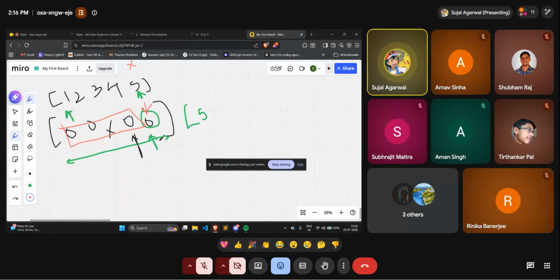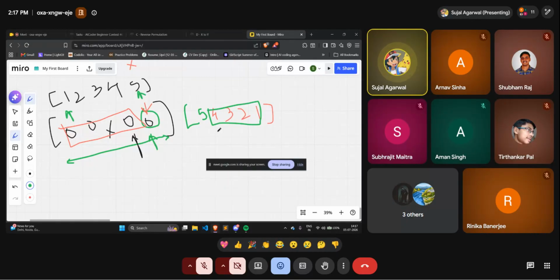If we reverse it at the last index, our array would have become something like this: 5, 4, 3, 2, 1, right? So if we reversed again at the second last index, we are reversing this part of the array. The first 4 elements would now mean the last 4 elements, in the reverse manner.